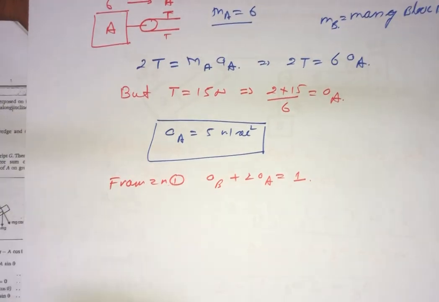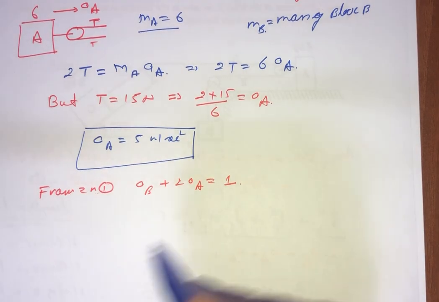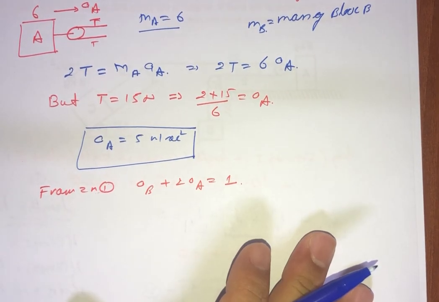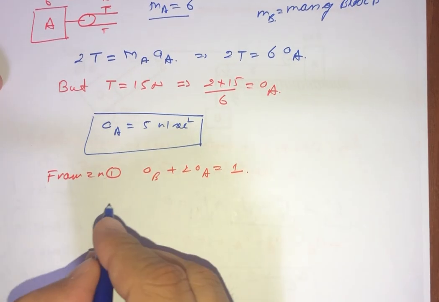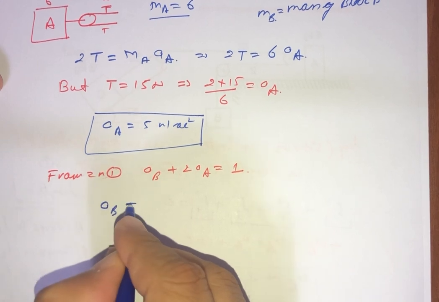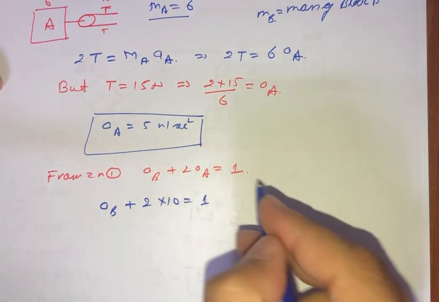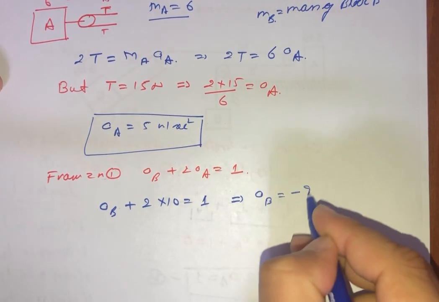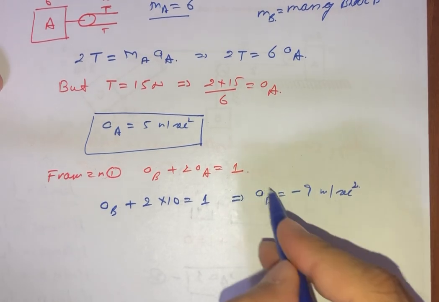So we put the value of acceleration of A. Okay, so we write that aB plus twice into 5 is equal to 1. From here we can say that aB is equal to minus 9 meter per second square.